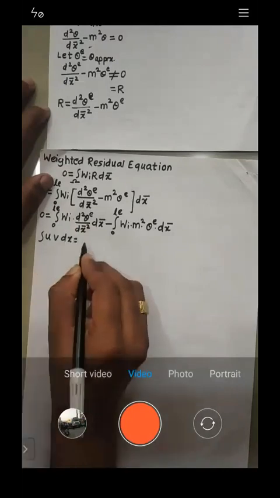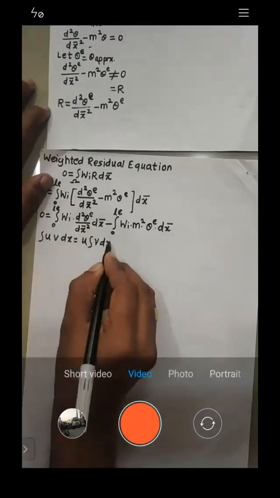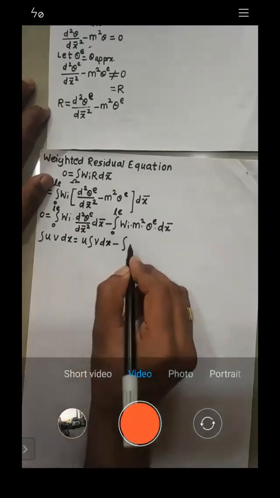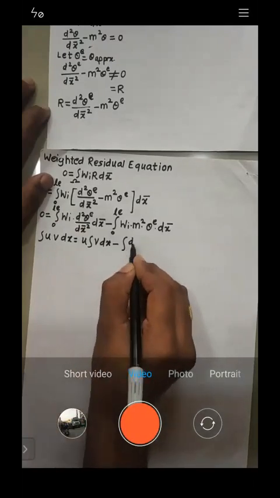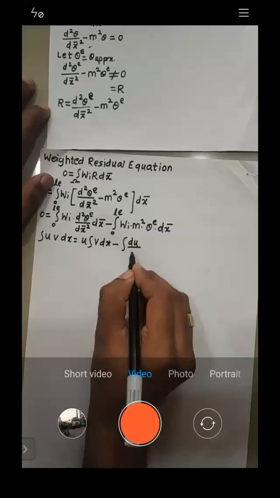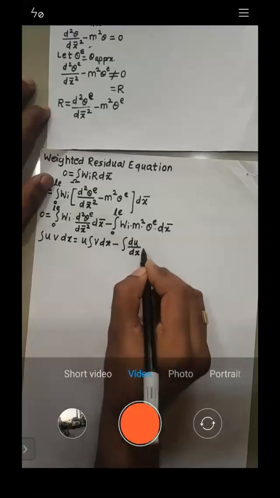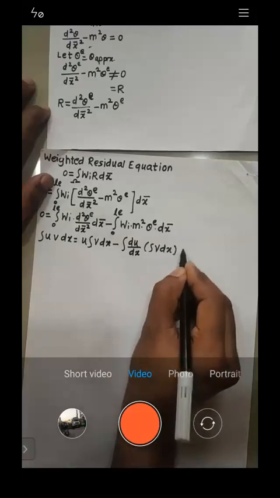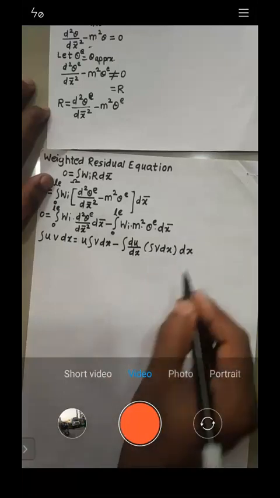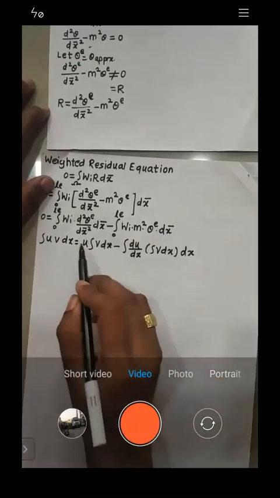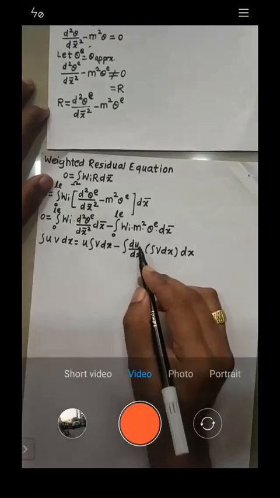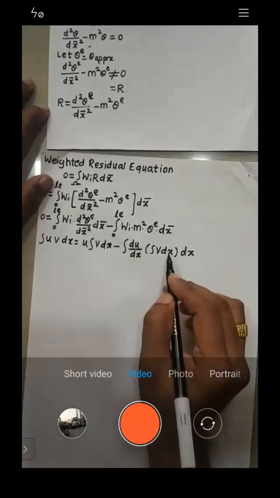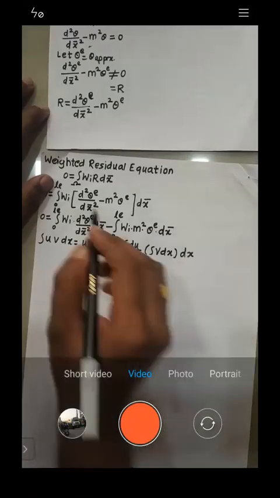So it is first into integration of second minus integration derivative of first into integration of second dx. Is it okay? First into integration of second minus integration derivative of first into integration of second dx. Is it okay? So this thing I'm going to do with this equation, right?